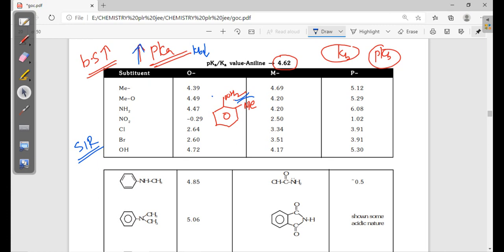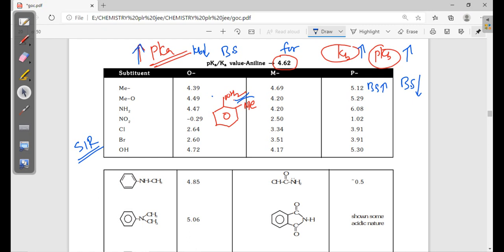Sorry, wait. So what we are talking about is Kb and pKb, and that's why this is a very important, more confusing topic. See, for bases, Kb increasing means basic strength is increasing. pKb increasing means basic strength decreasing.